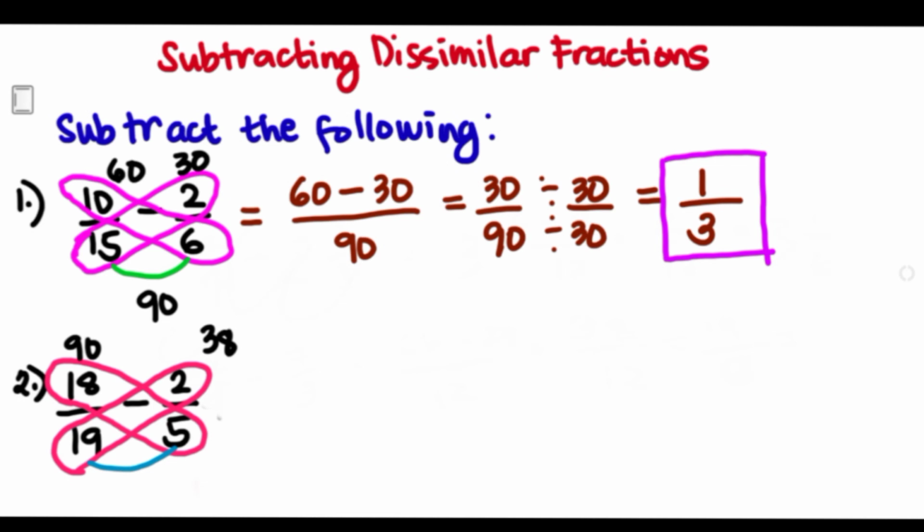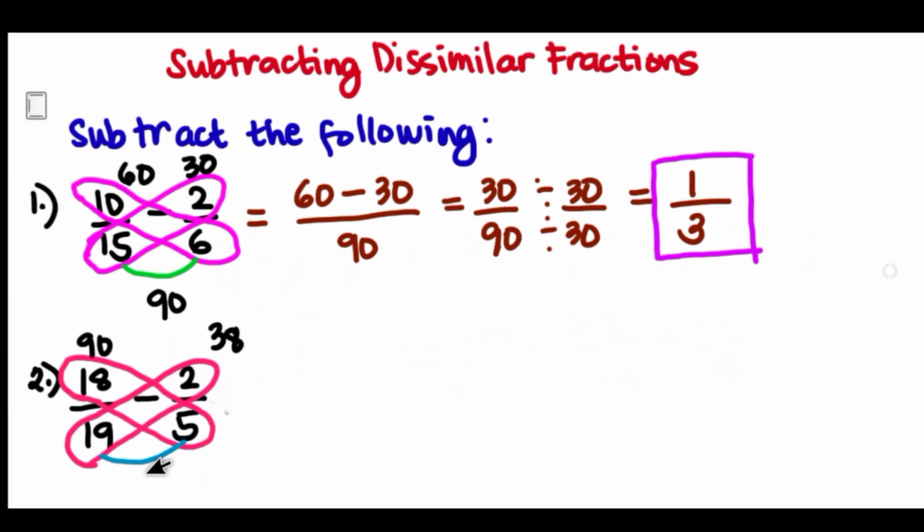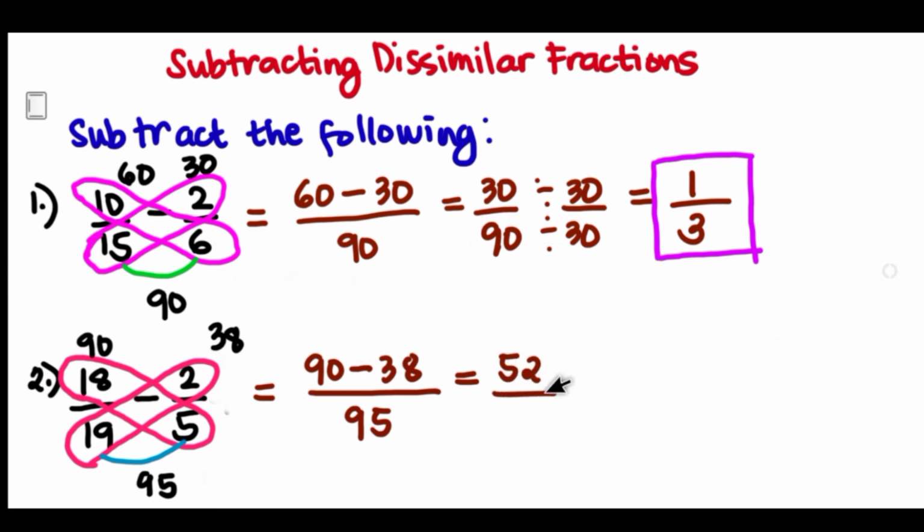And 19 times 5 is 95. So, next na po. Subtract po natin yung nataas, 90 minus 38 over, kopyahin po natin yung denominator na 95. So, 90 minus 38, that will be 52. And then, kopyahin natin si 95.